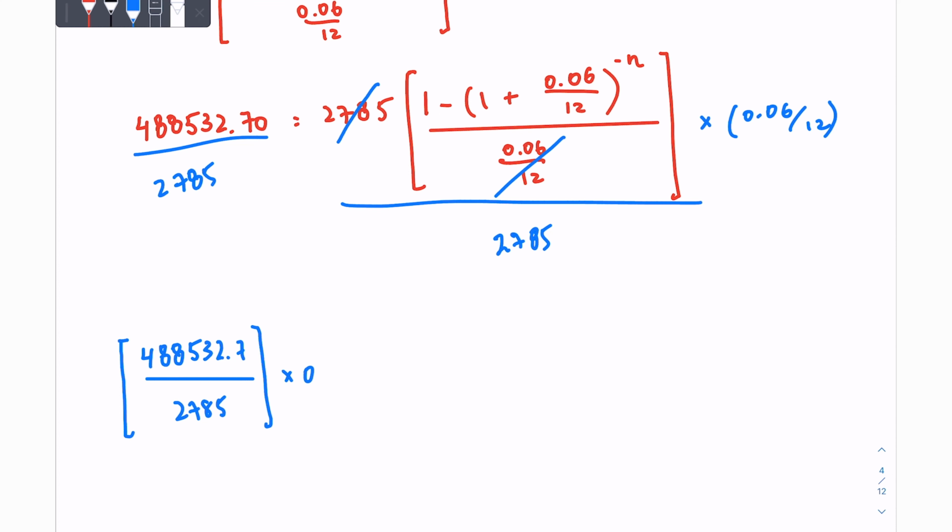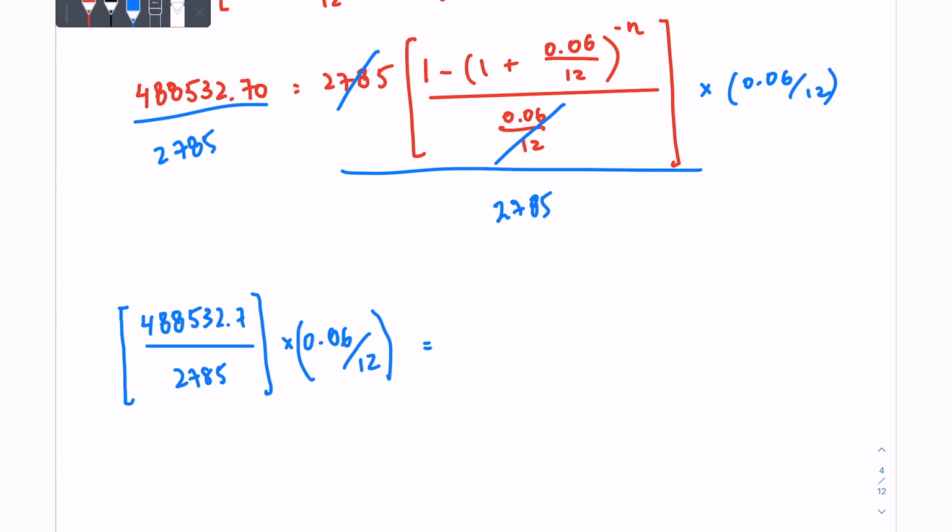So I'll multiply this by 0.06 over 12. And if I just write where I'm at, now I have just the numerator left in my work. So I'll simplify this. This is 0.005. That's 0.06 divided by 12. All that to the negative n.